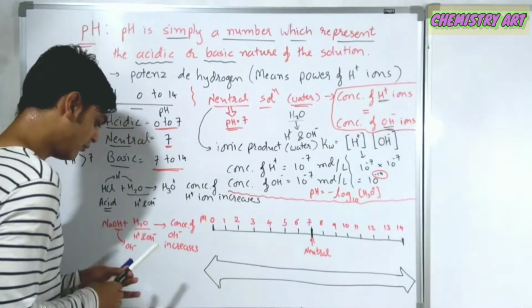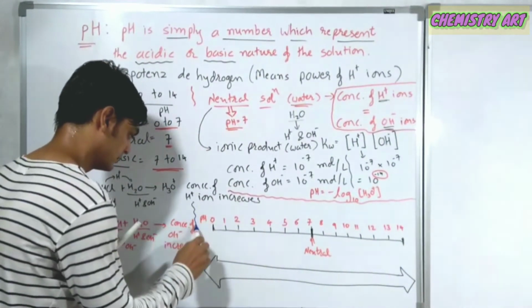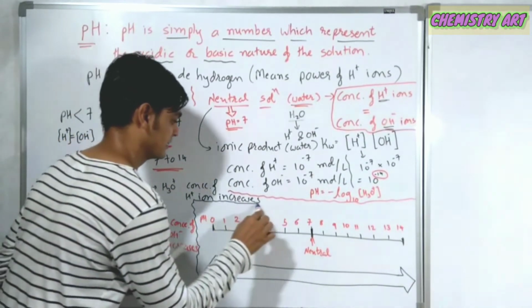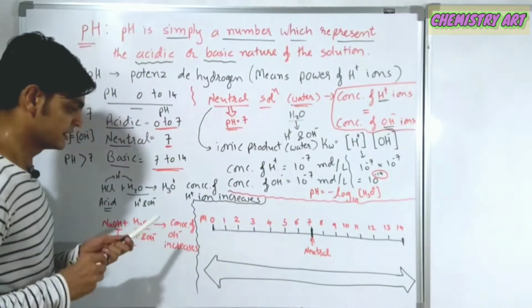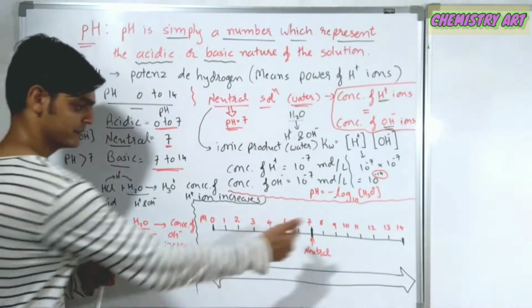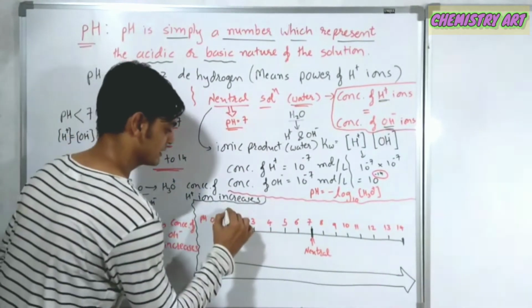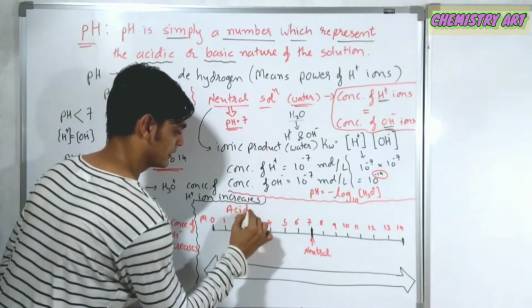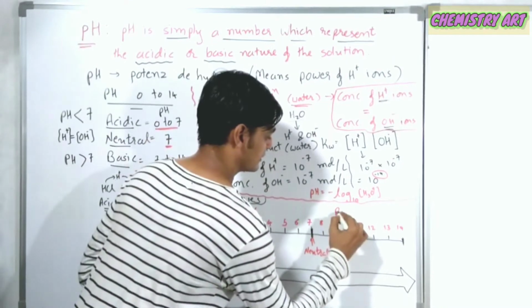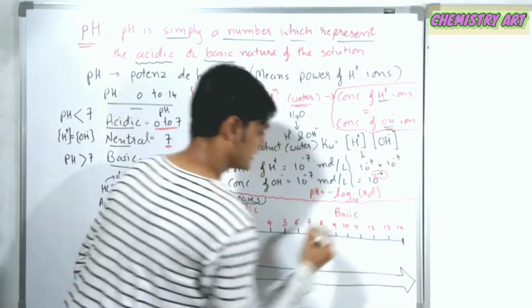Now let me separate this so you will get an idea clearly. The pH less than 7 means this side, so I can write acidic pH, and on that side basic pH.